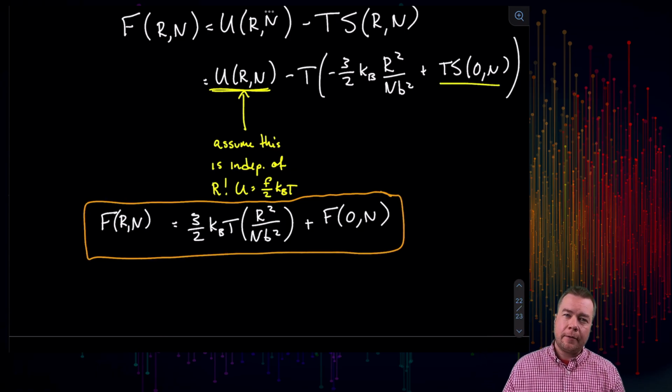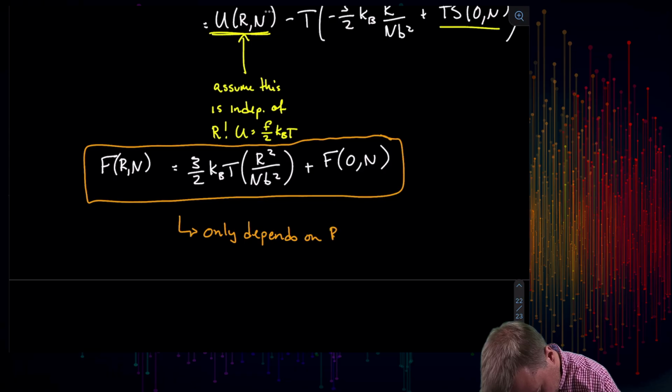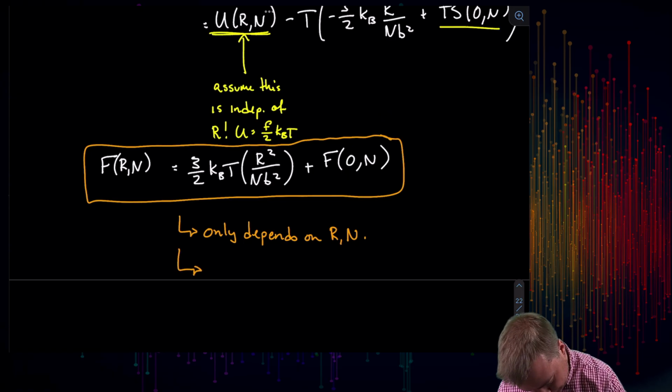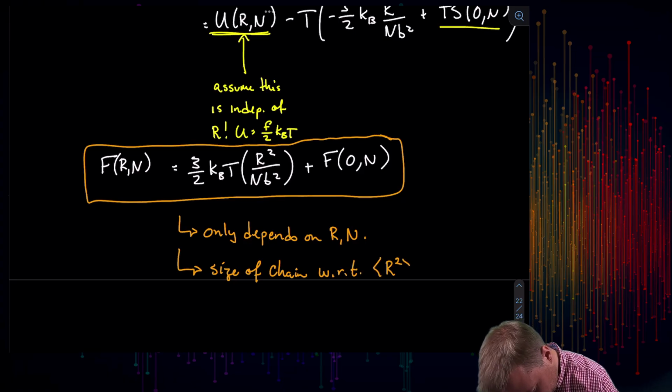And I'm going to leave it there for today, okay? So this is the key result from this last part of the video, is that we get the free energy of the polymer chain. It only depends on the size of the chain and the number of monomers. We've got this constant term that we'll deal with later. And that's it. And it depends on the size of the chain with respect to what it should be.